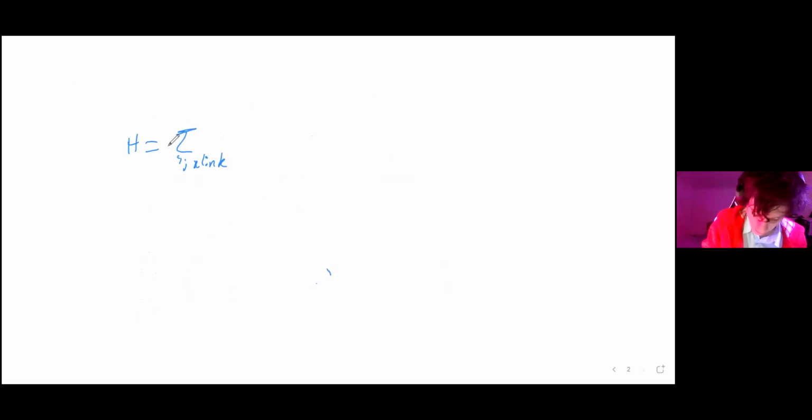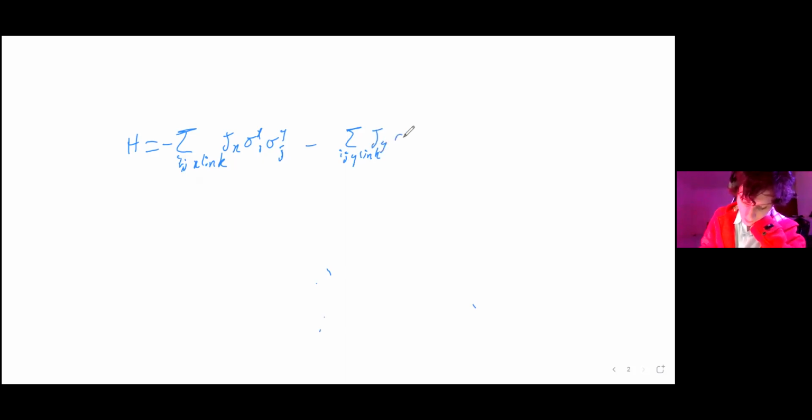Is there a minus sign? There is. Why did I do sigma y? So we've got the terms where it's the sum of ij with an x link, so the pairs of spins that have a link between them in the x direction, and then a set of ij's that have a y link times a set of pairs linked in the y direction.